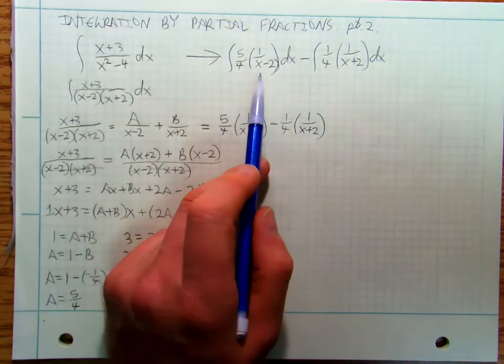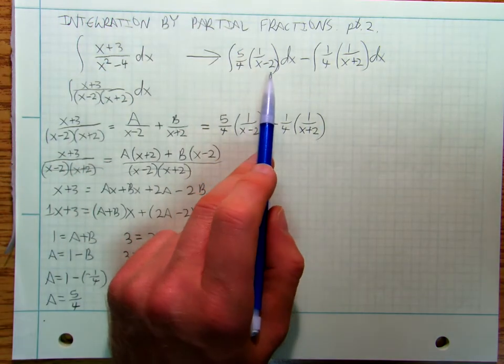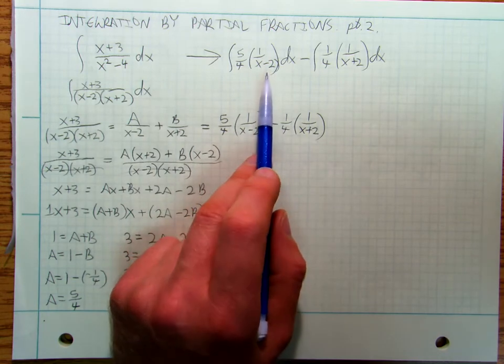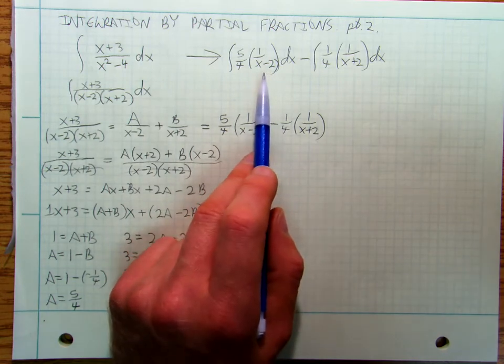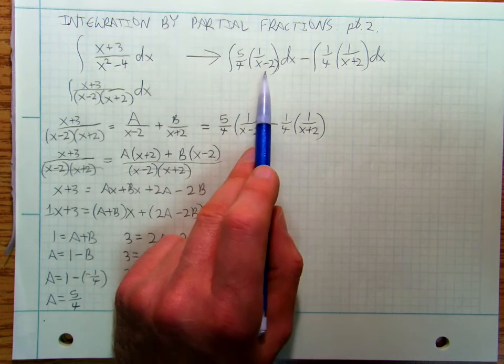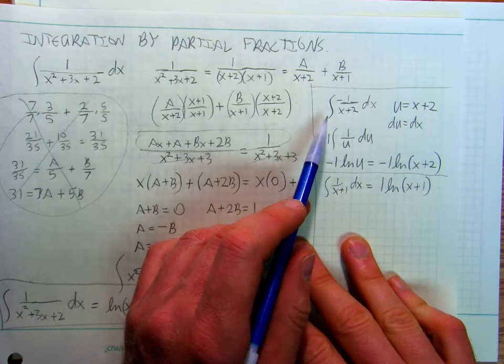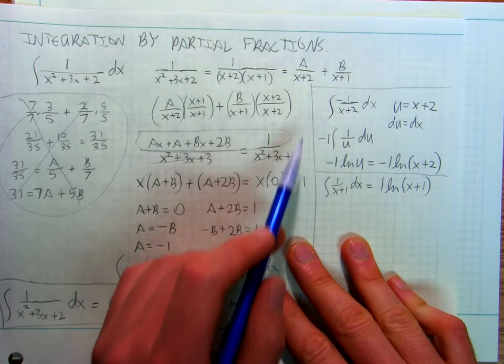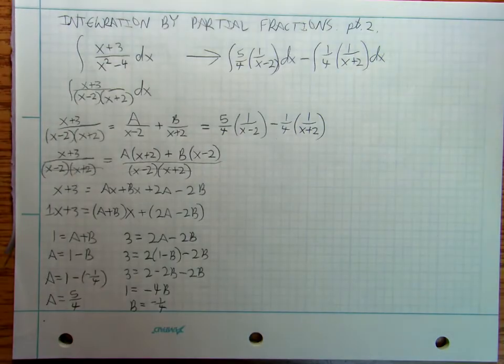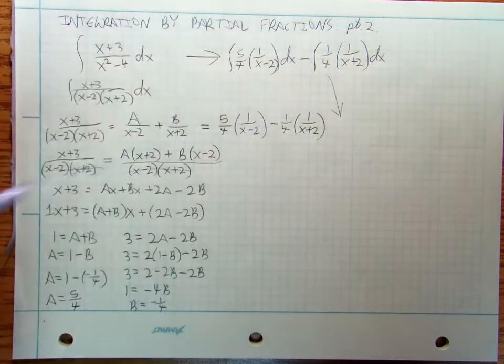And the whole point is that these are really simple. These are just ln's. And you can do this by integration by substitution, and it's worthwhile for you to see the substitution like I did in a previous video. But once you know it, you can just rock.